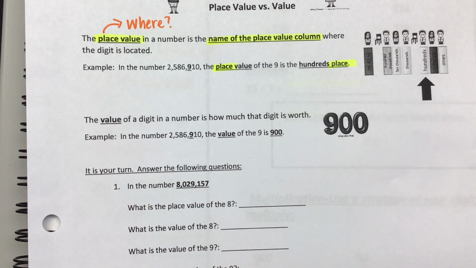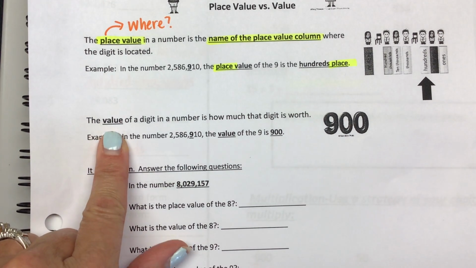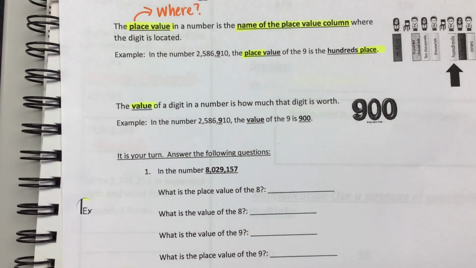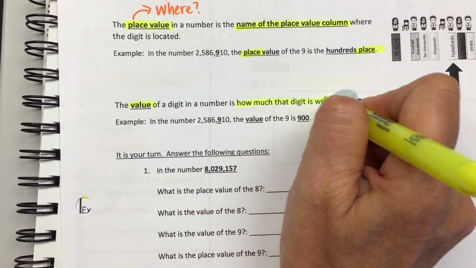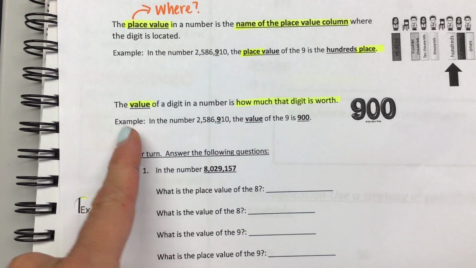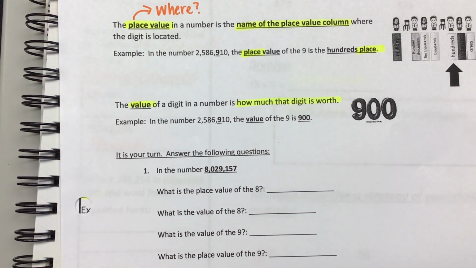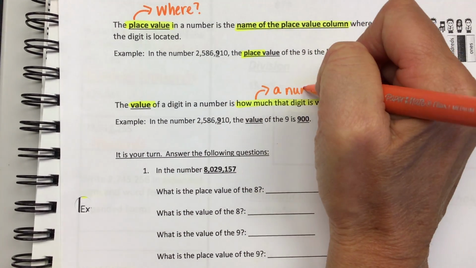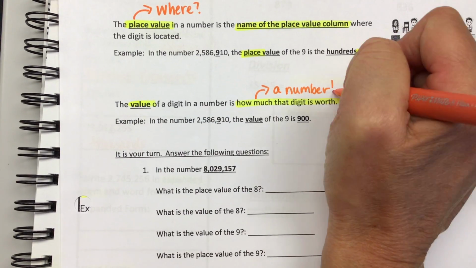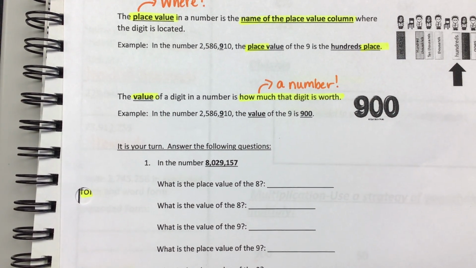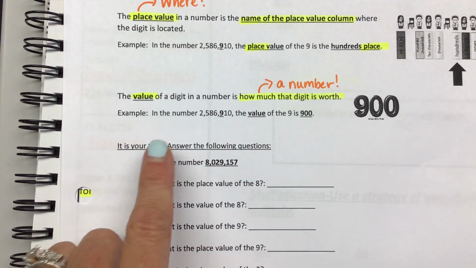Okay? Then we have the value. Now the value of a digit is how much the digit is worth. So it should be a number. It's the number that you would use for that digit if you were writing it in expanded form.